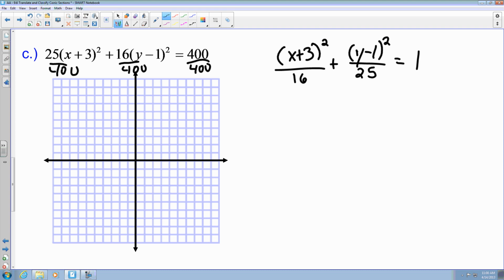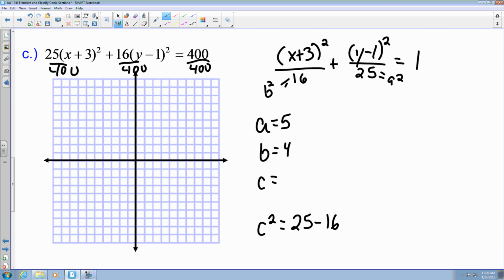So the things that switch are my a and b. So this is going to be my a squared, and this is going to be my b squared. From the looks of it, we're going to have a hot dog ellipse, with a being 5, b equaling 4. c, on the other hand, I can find by doing c squared equals 25 minus 16, and that's going to give me 3.